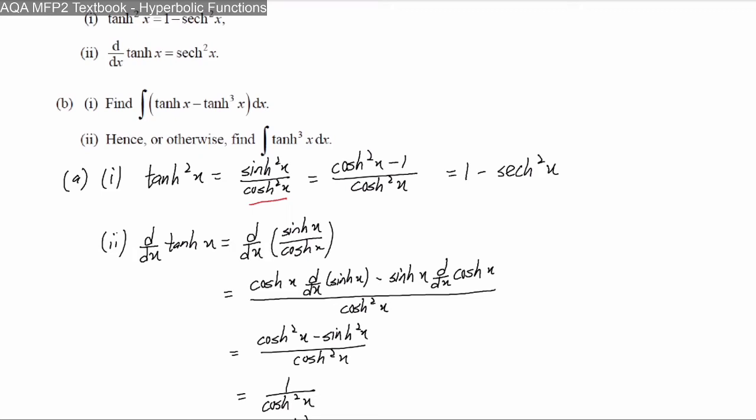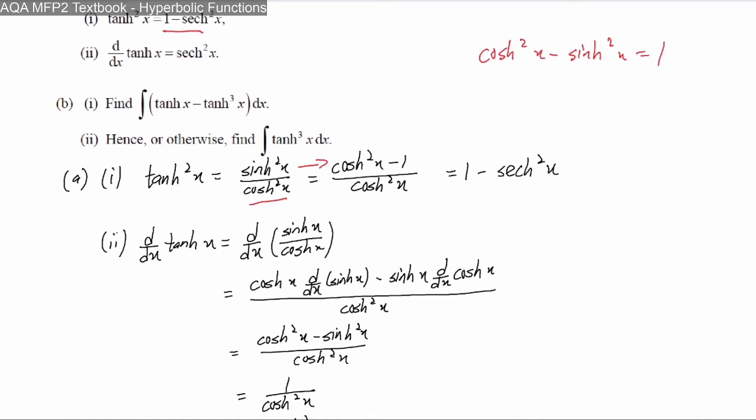So how do we get two terms here is by using the identity for the sine squared. In this case, the sine squared is equal to cos squared x minus 1. For this identity, the hyperbolic version is cos squared x minus sine squared x is equal to 1.